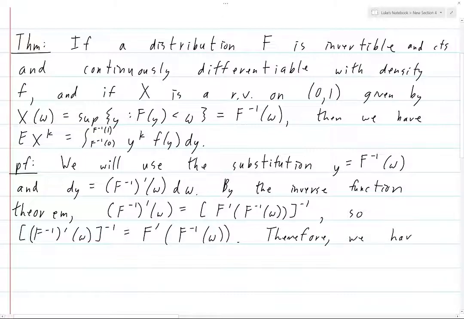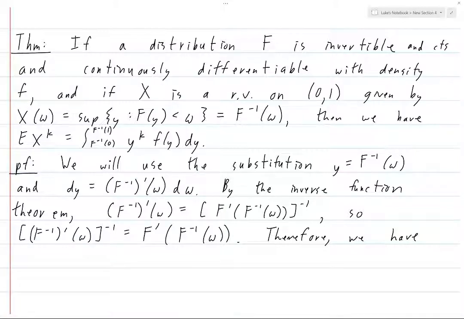Okay, so why did I do this? I did this because we have dy equals F inverse prime omega d omega. What we want is the d omega by itself, because that's what we're going to be removing when we do the substitution. So we have d omega equals 1 over F inverse prime omega dy.